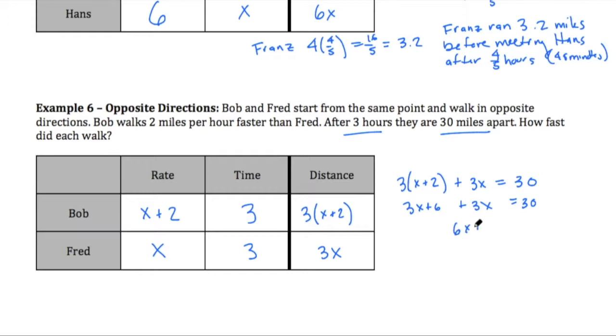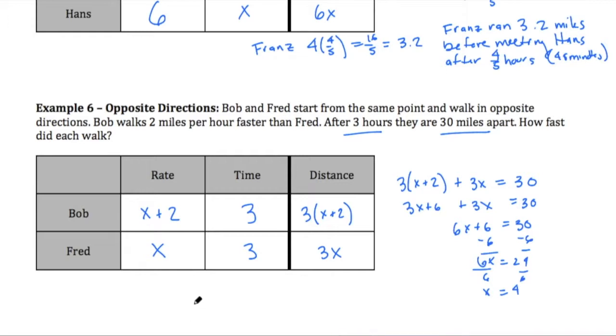So 6x plus 6 equals 30. We'll subtract 6 and get 6x equals 24, and divide by 6 to get that x is equal to 4, meaning that Fred traveled at a rate of 4 miles per hour, and Bob, then 2 faster, traveled at a rate of 6 miles per hour.